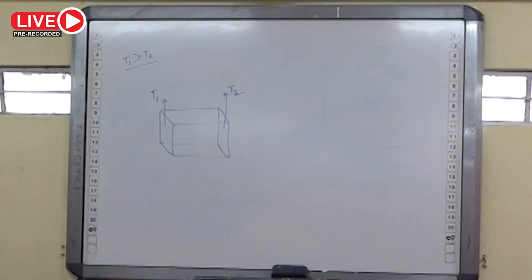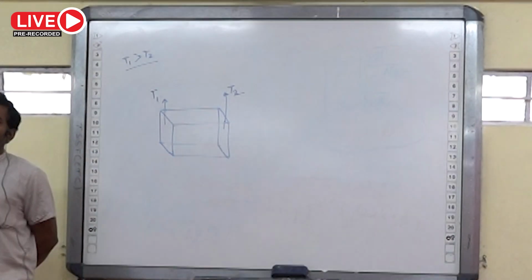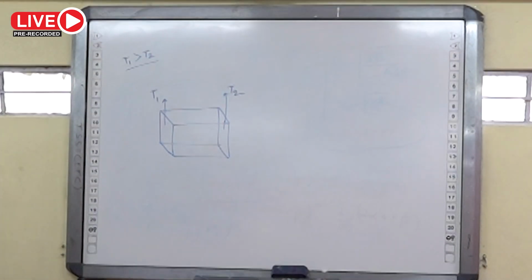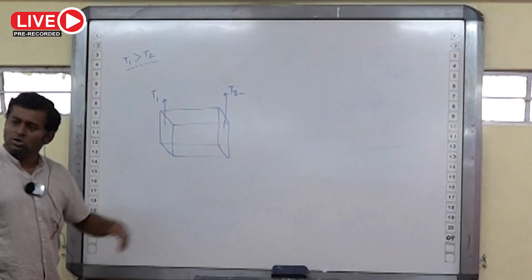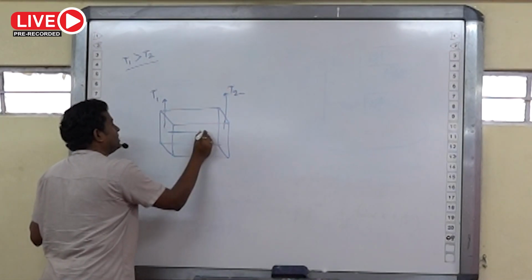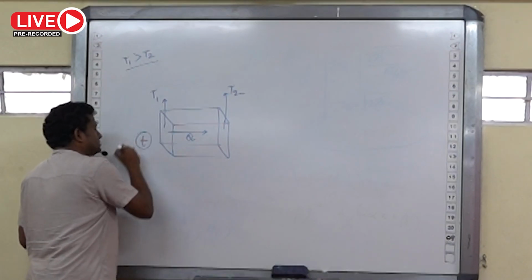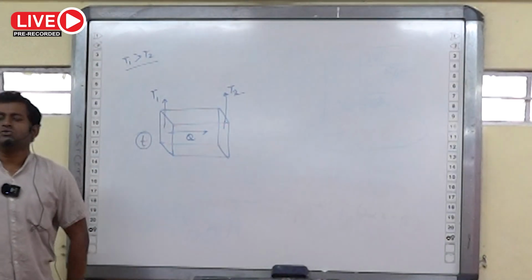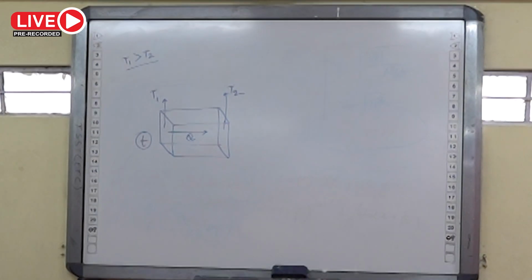Now, if T1 is greater than T2, then heat energy will flow from this surface to that surface, high temperature to low temperature. So we are considering that Q amount of heat energy is transferred in time t. In time t, Q amount of heat energy is transferred between these two surfaces whose temperature difference is T1 minus T2, right?